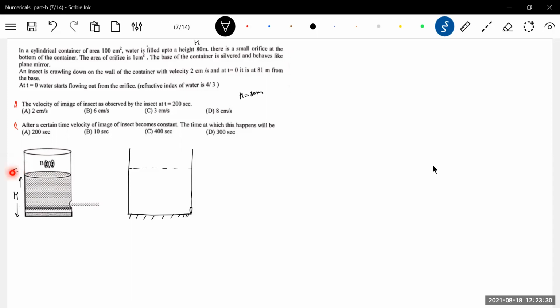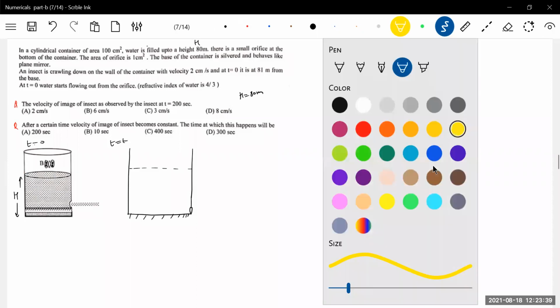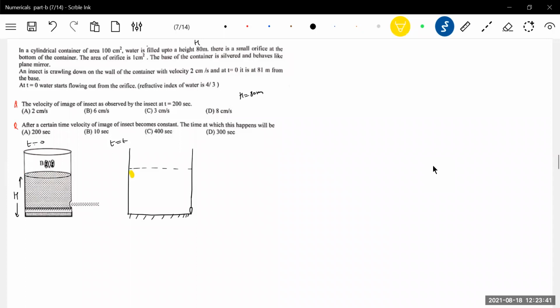This is t equals 0. At any time t, let this be the situation, and the level of water, let it be h, here velocity v.